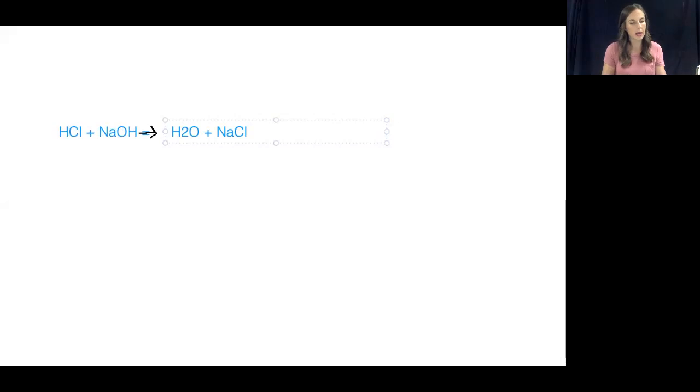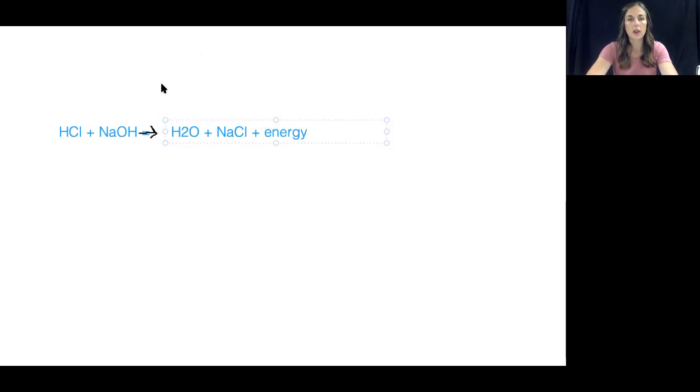Now I'm turning to page 450 if you're following along. If we were to actually perform this experiment, your reaction vessel would get very hot because this is exothermic. So if it's exothermic, that means energy is a product, like we said before. So we could write it like this.